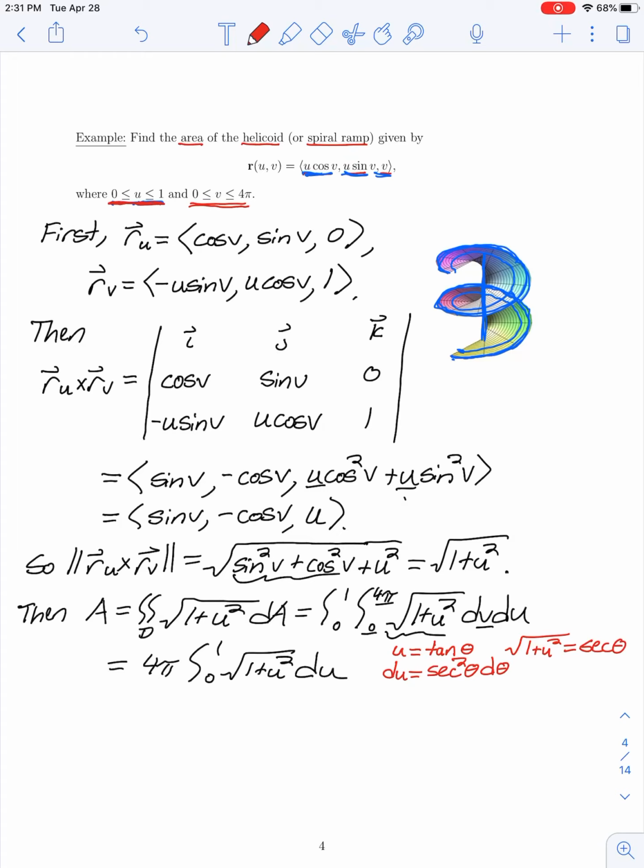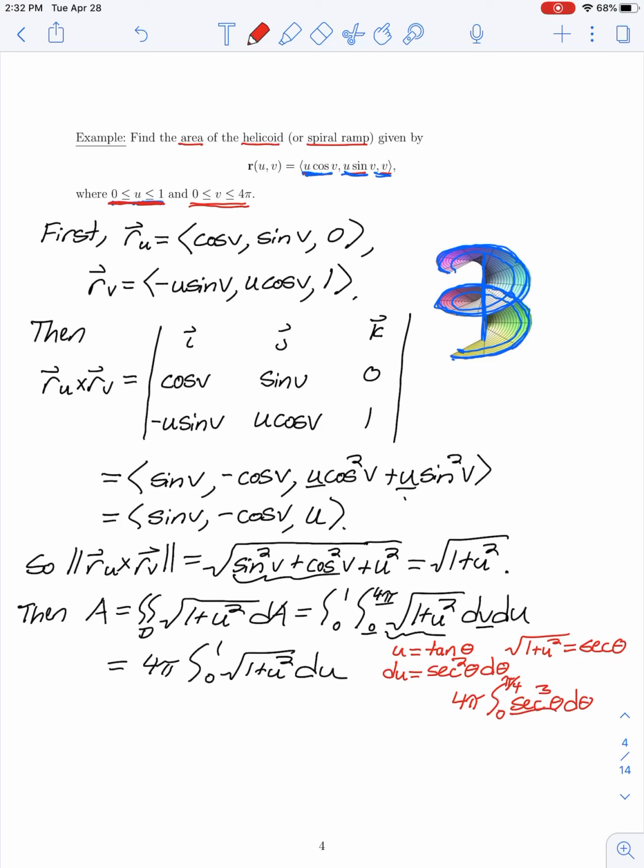Converting this to an integral in terms of theta, we're left with 4 pi times the antiderivative of secant cubed theta d theta. Here we're integrating from 0 to 1 for u, so that corresponds to a range of 0 to pi over 4 for theta.